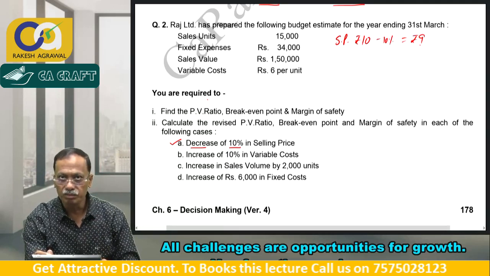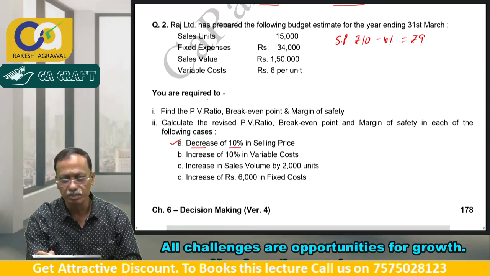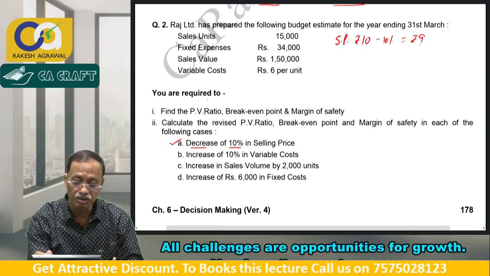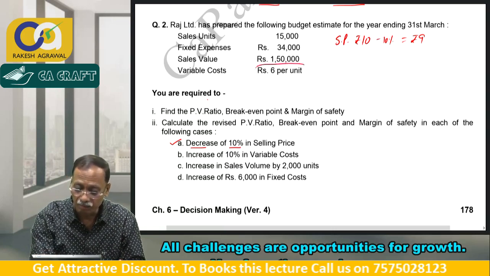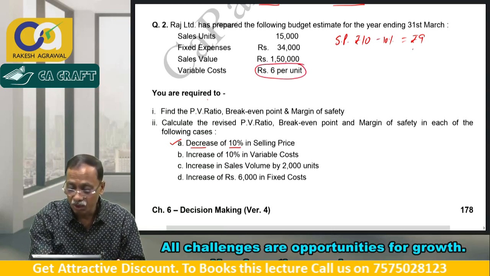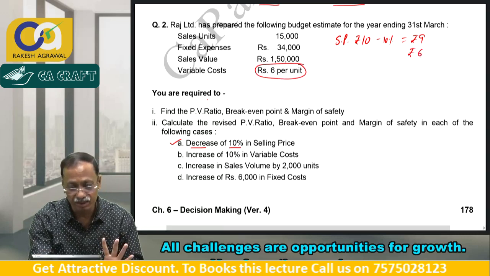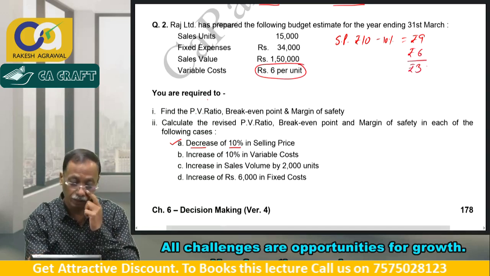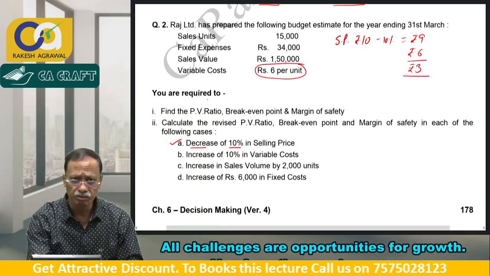Will variable cost per unit also decrease by 10%? No. Have they mentioned anything about variable cost? If nothing is mentioned, variable cost per unit remains the same, fixed cost total remains the same. So variable cost will remain 6 rupees, but contribution will become rupees 3 per unit.